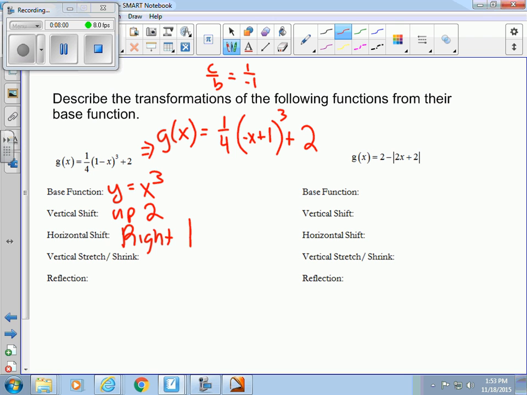Vertical stretch or shrink? Shrink. Why? And I want you to say by 1/4. I want you to even tell me where you're getting that number from. Vertical shrink by 1/4, it's less than 1. Is there a reflection anywhere? Is there a negative anywhere? It's a really good question.